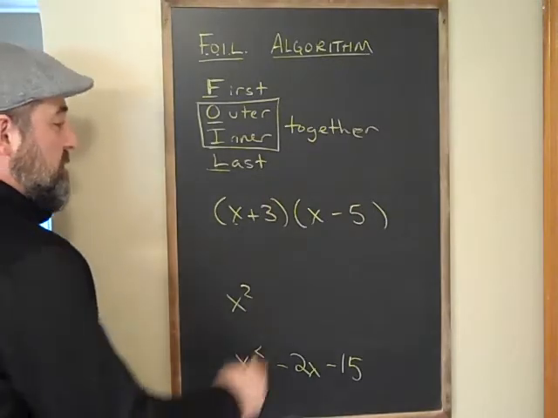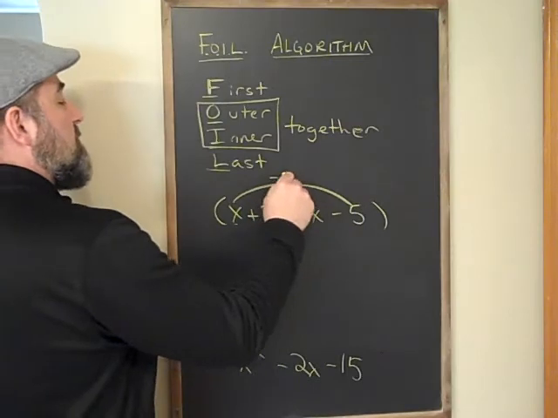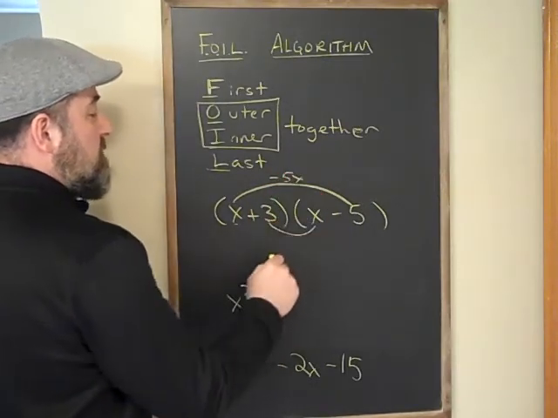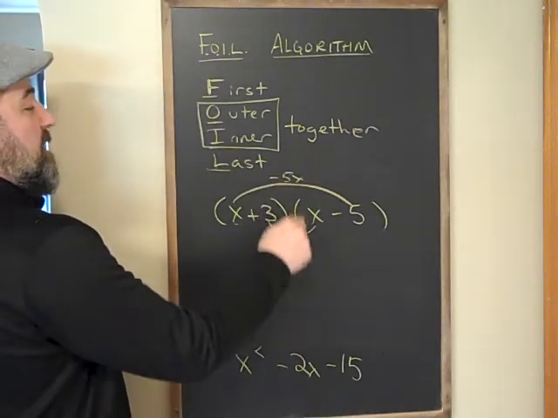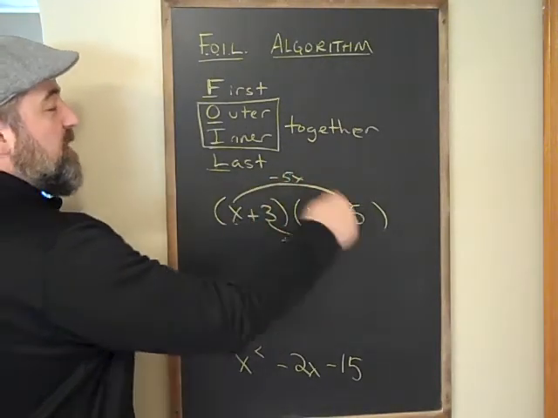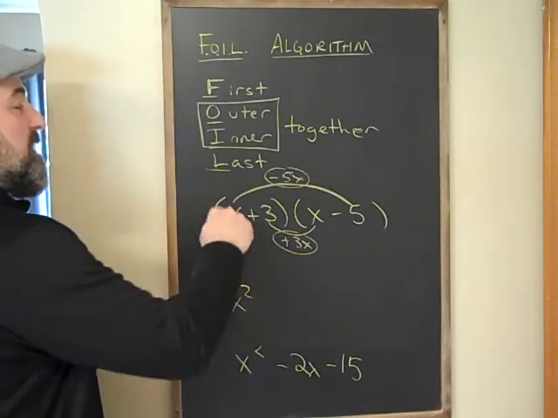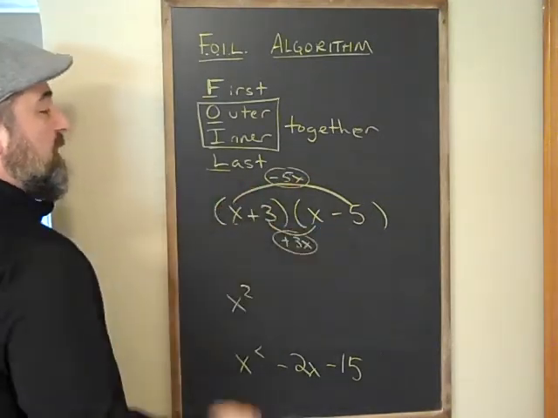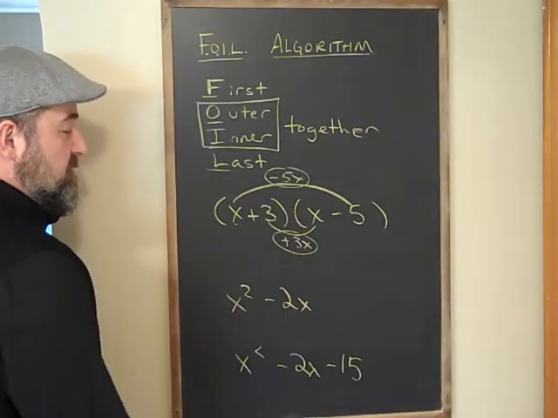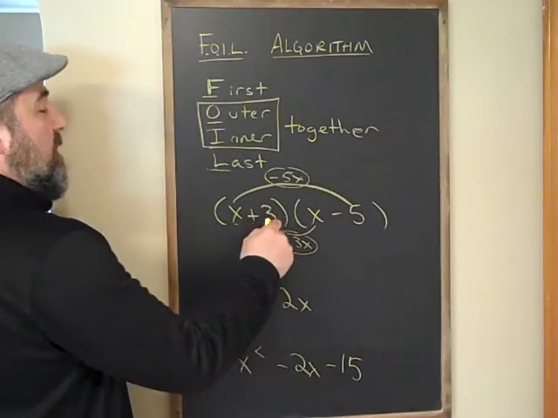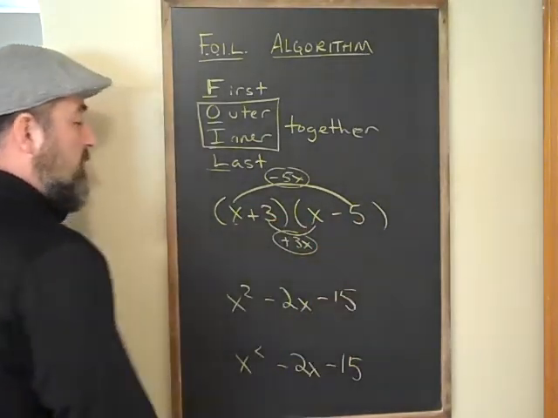Our outers, right here, that product's going to make negative 5x. Our inners, that product's going to make positive 3x. Those two are the like terms, and if you can manage that in your mind, you don't even need to write this part. You can see negative 5x, positive 3x, and those combine to make negative 2x. And you just jump straight to the answer. And then our last times our last, our positive 3 times our negative 5 is negative 15.